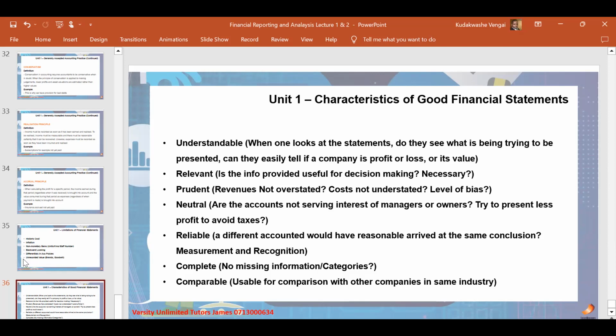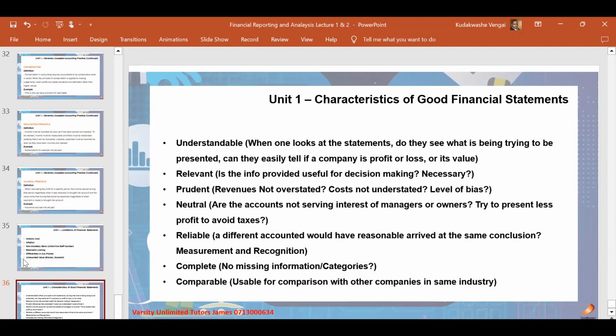Neutral, we are saying that when you're presenting your statements, they should not be presented in a way where only the owners of the business are happy, or maybe only the government is happy, or maybe only the employees are happy. They should be presented in a way where everyone can look at the statements and get the information that they want from those statements.